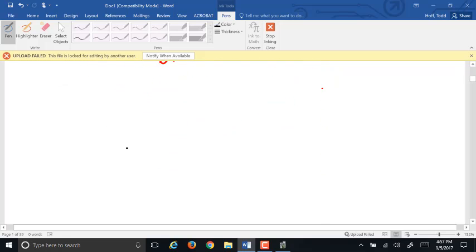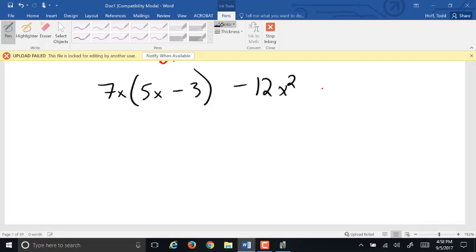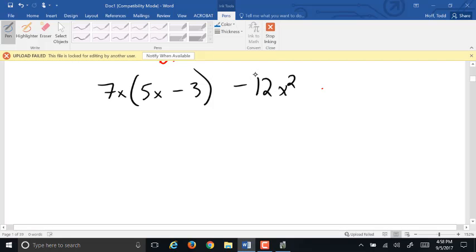So I want to move on then to some more complex examples of our multiplication. We can run into things like this. So this is actually coming down to an order of operations problem.